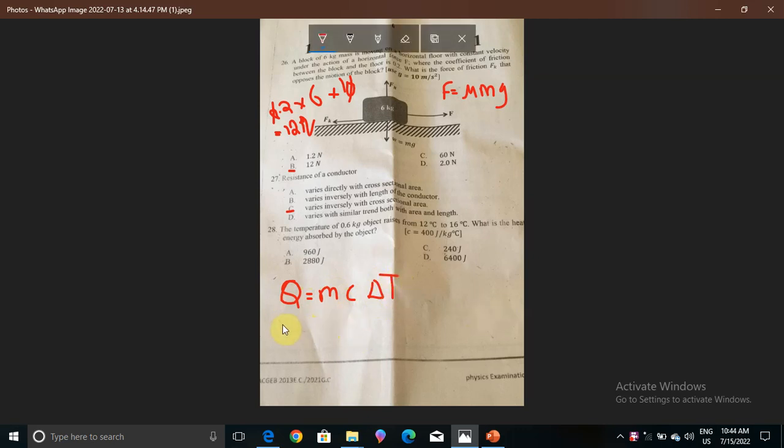Here the mass is 0.6 kilogram, times C, which is 400.